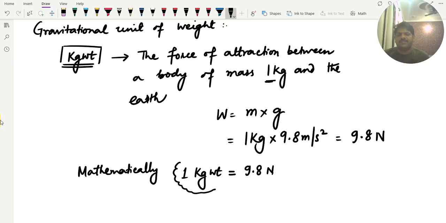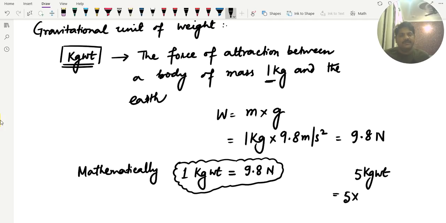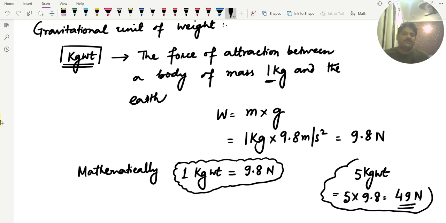Also in some questions it is given a body has got a weight of 5 kg weight. 5 kg weight means 5 into 9.8, so it is 49 Newton. So you can change kg weight into Newton just by multiplying by 9.8.